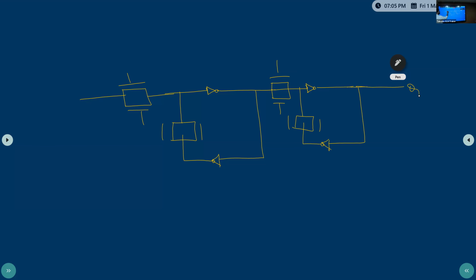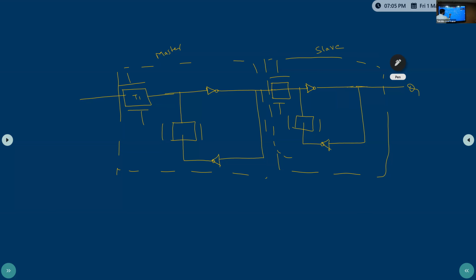This configuration is the master configuration. This configuration is the slave. Here both are D, so the same thing will be evolving.